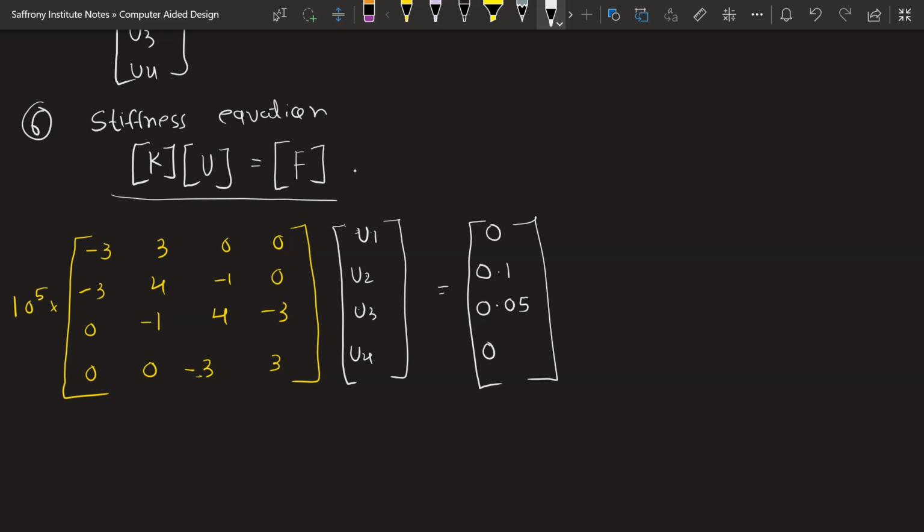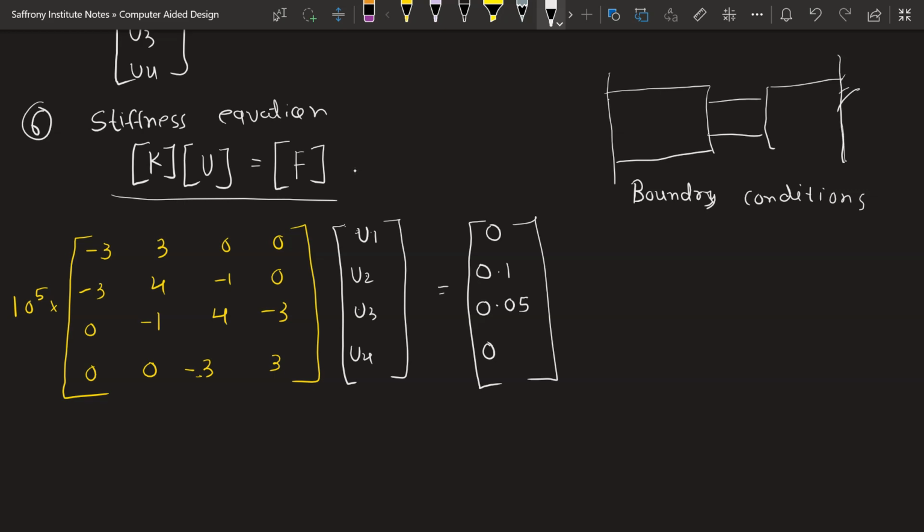Now we'll put in the boundary conditions. If I draw the figure of the bar we are studying right now, just as a replica to make you understand very easily, this bar looks like this.